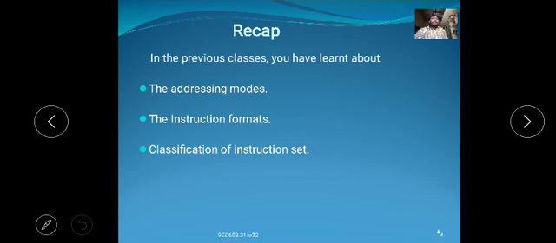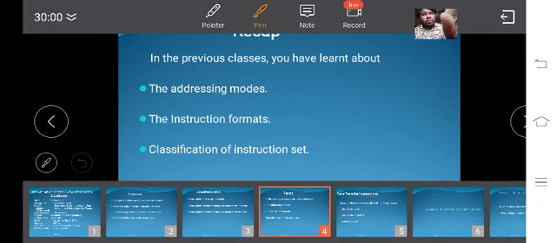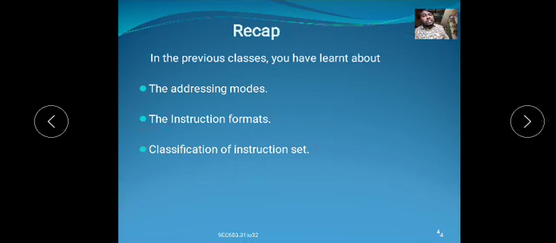And the classification of instruction set. Different microcontroller architectures use different instruction sets, but all the members of the 8051 microcontroller family execute the same instruction set.